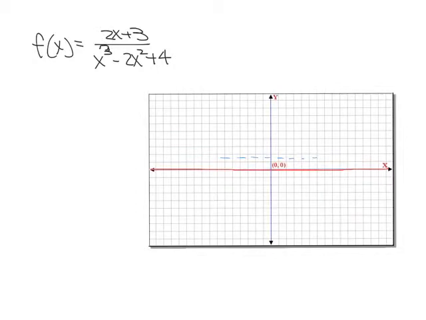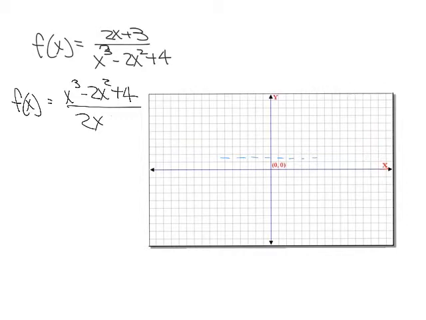Okay, one last one as far as what happens here. So this time, instead of the top being smaller than the bottom, we're going to change it around. I'm going to write it as f of x equals x cubed minus 2x squared plus 4 over 2x plus 3. Now if you look here at my denominator, the exponent on my leading term is smaller than the exponent on the leading term on top.